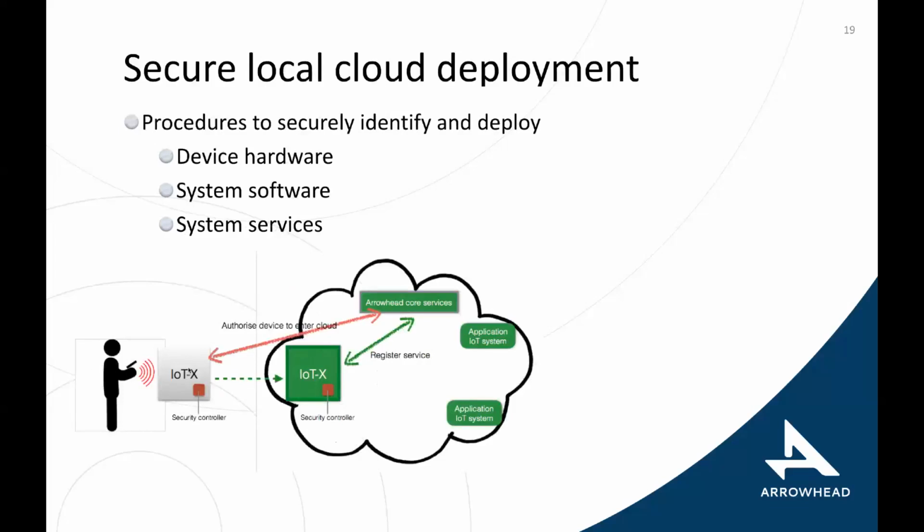So we need a secure local cloud deployment procedure, which is called an onboarding procedure. And this may be as complex that we have a security controller in the hardware where we can actually ensure that this hardware actually is a hardware from, let's say, Schneider. And we know that both Infineon and NXP, for example, do have these security controllers in the market.